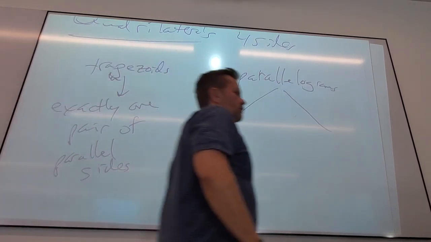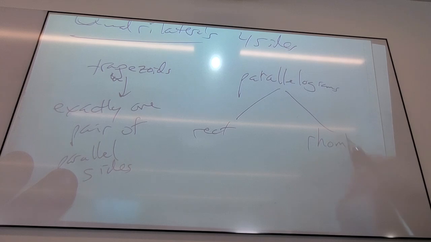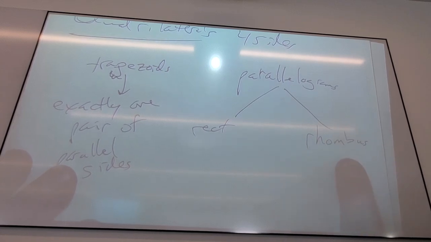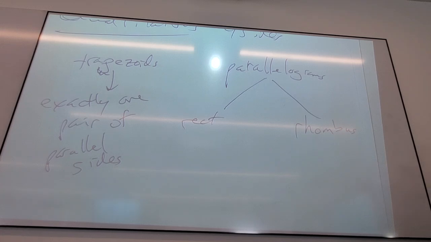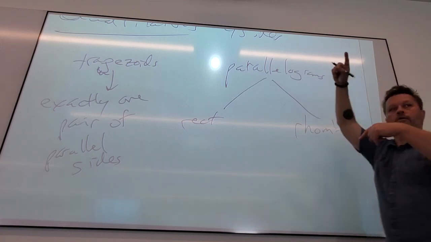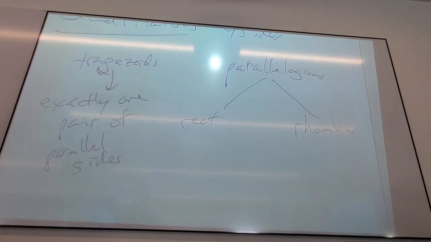What about rhombuses? A rhombus is a parallelogram where all sides are congruent. Yep. So, if you think of a rectangle as a perfect shape, let's just say yes.